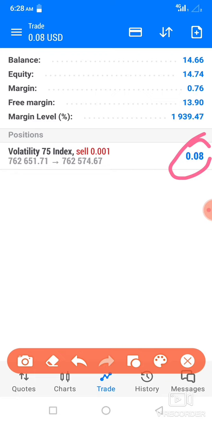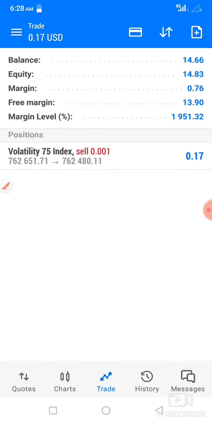So what you need is just good analysis. I don't know about other people who say we are account managers. They take accounts like $100 from their clients or $500 from their clients. Out of that $500, they rarely close even a single trade in blue.